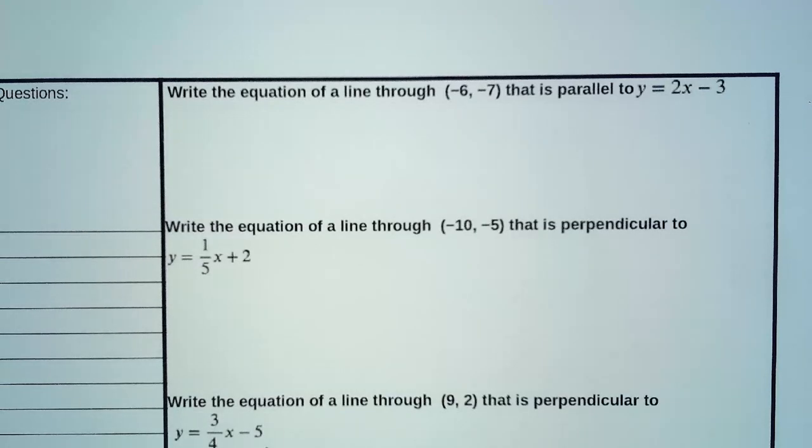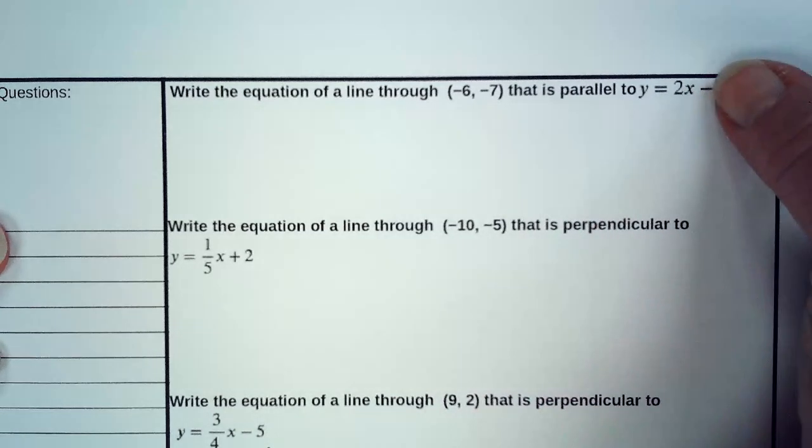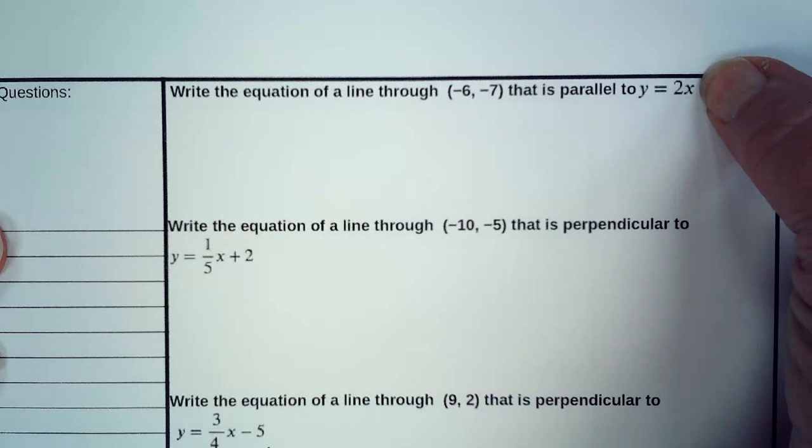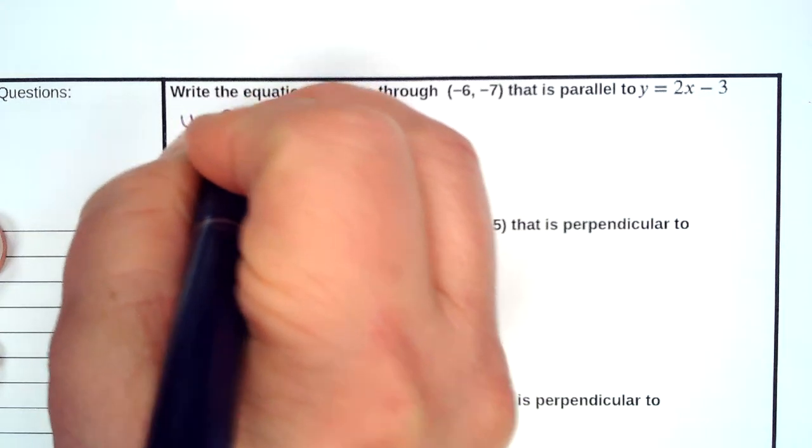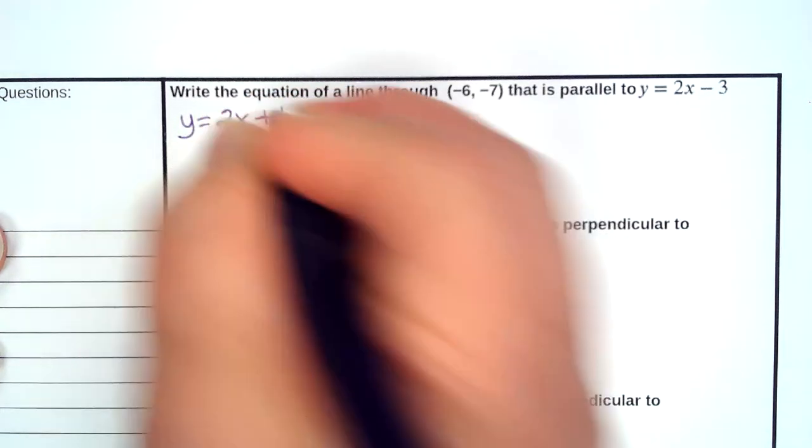Okay, so another one's parallel. What will our slope be? And how do we find our b value? What would that generic equation look like? y equals 2x. I can go that far. y equals 2x plus b.